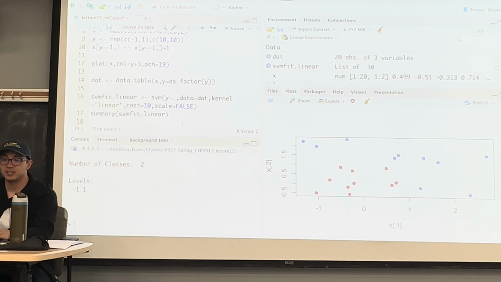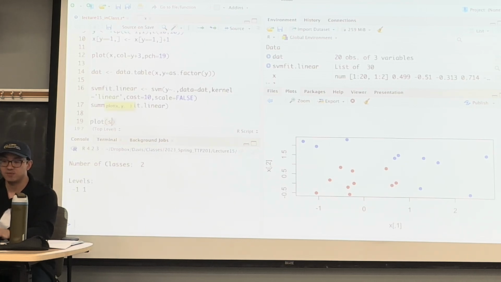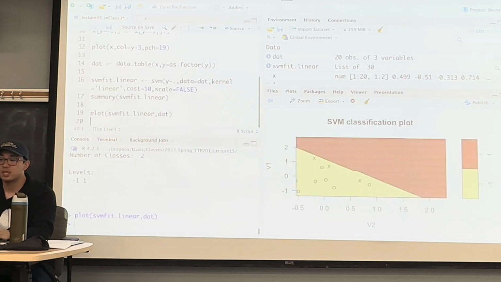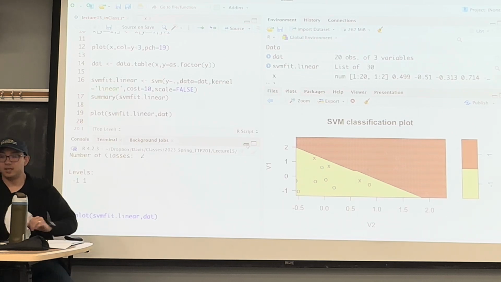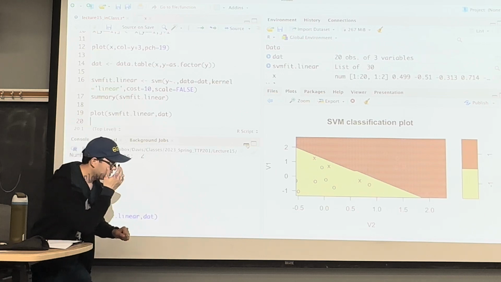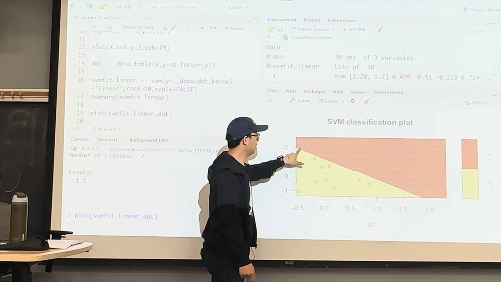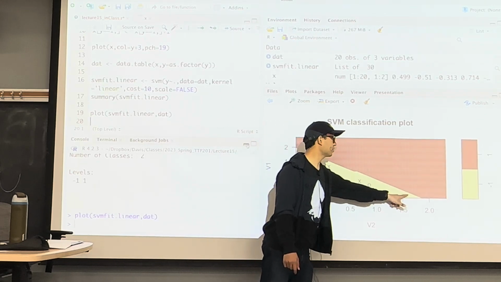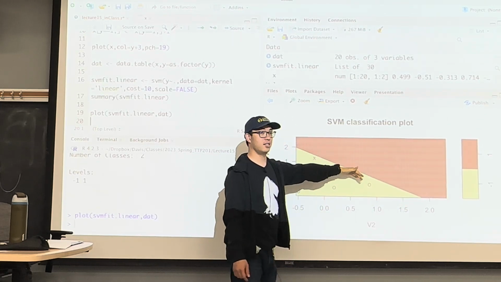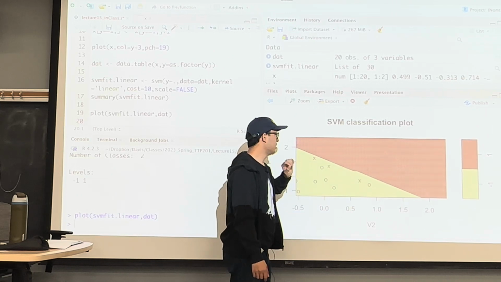And let's look at a plot of this. So it has drawn a line here. So this is our linear hyperplane.